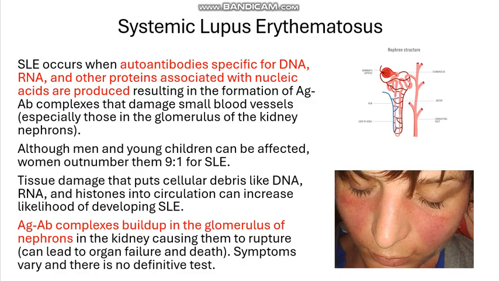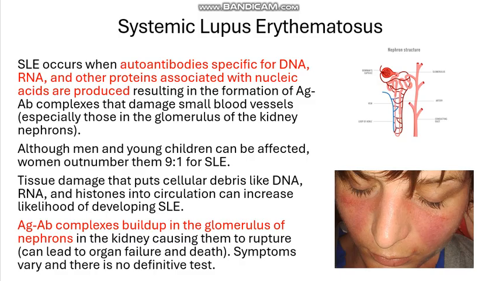You should already know a lot about nephrons from high school, so I won't go into too much detail about it here. You just need to know that in lupus, antigen-antibody complexes with these nuclear antigens are forming in the blood.